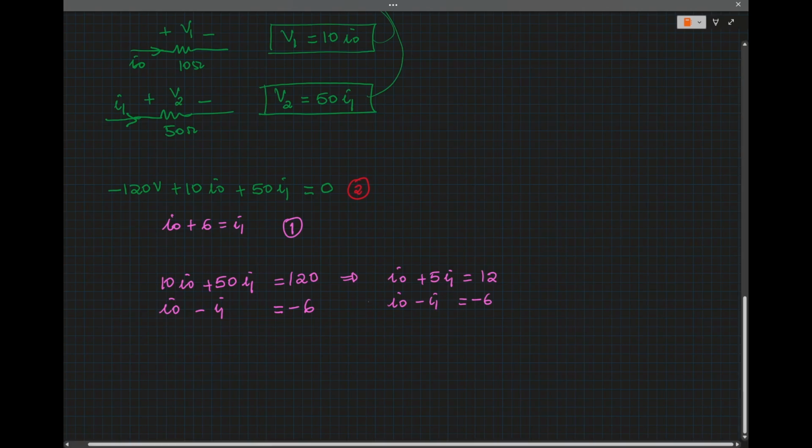If I negate this equation and then add them, I have 6 I1 equal to 12 plus 6. So that's 18. So I1 will give me 3 amps.